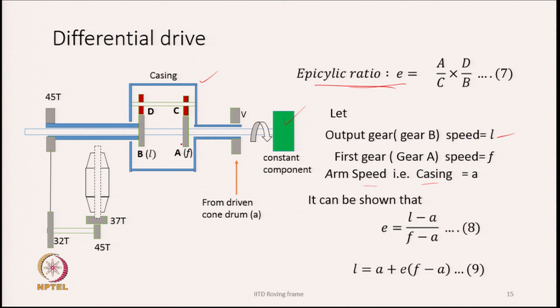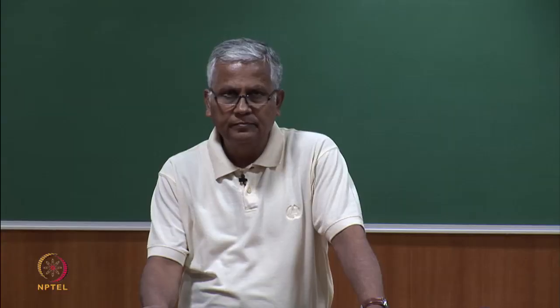As the casing turns, the gear CD also will turn around A. Therefore, the two motions, one from the main shaft and the other coming from the cone drum, are actually integrated within this chamber or the box which we call differential drive.